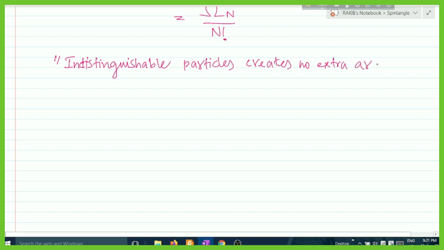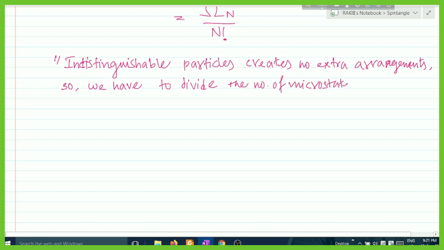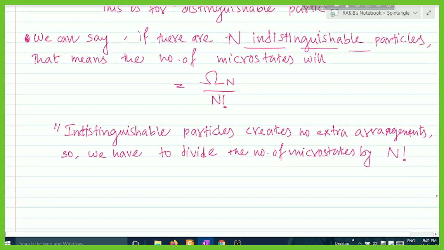It means no more arrangements. So we have to divide the number of microstates by the number of particles times factorial. This is the ultimate thing.